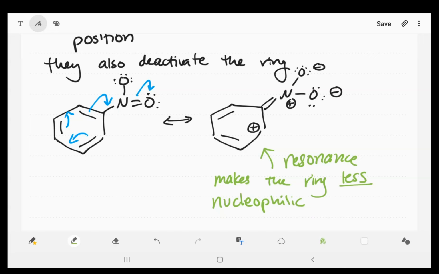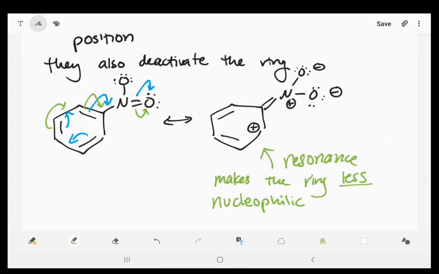I guess I didn't draw the para one, but you could end up with a para if you didn't do that first blue arrow. If you just started here, if you followed the green arrows instead, you would end up getting the positive charge on the para position. We're going to see later that it makes it more susceptible to nucleophilic attack at those positions.